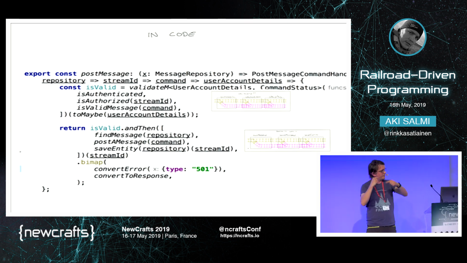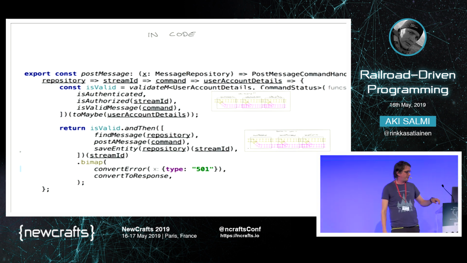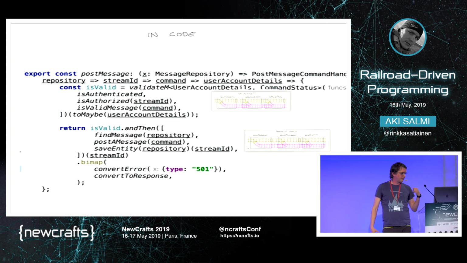So I chain these functions one after each other. And the stream ID here at the end, just above the bimap, is the first argument for the findMessage repository function in the andThen list of chainable methods. In the end, it's just mapping things to get something valuable there.